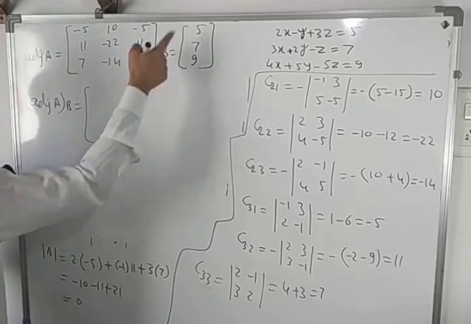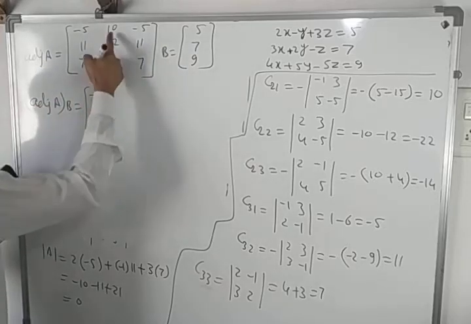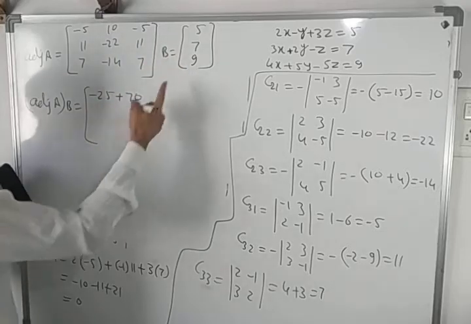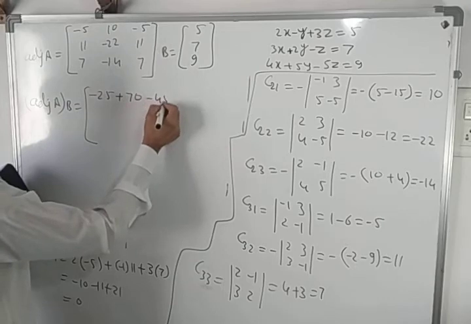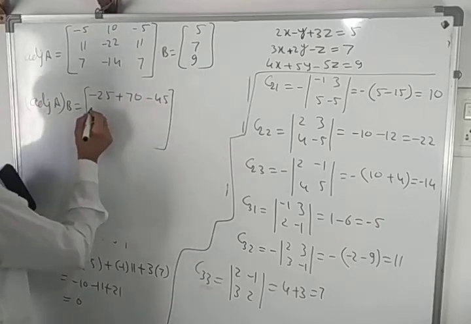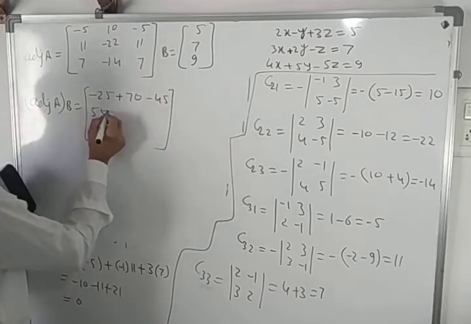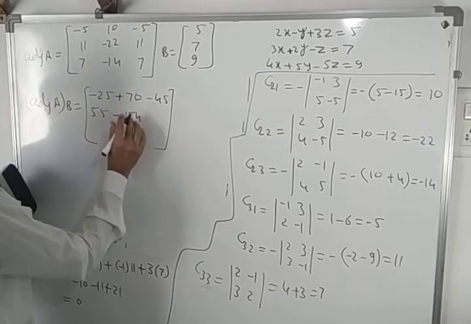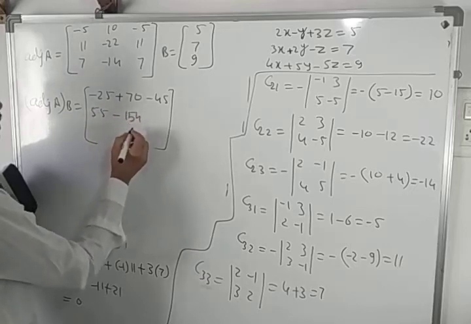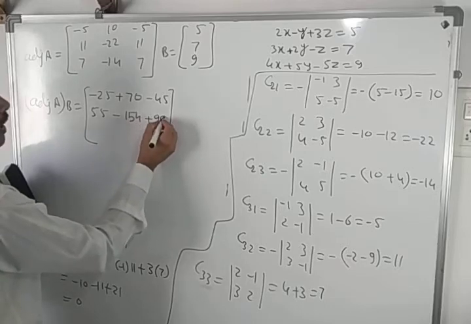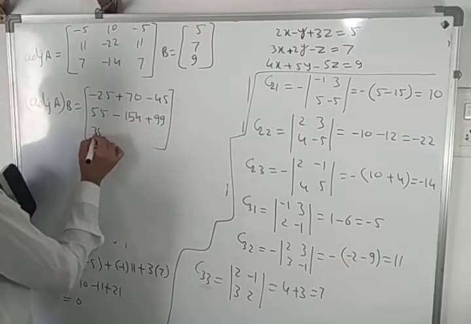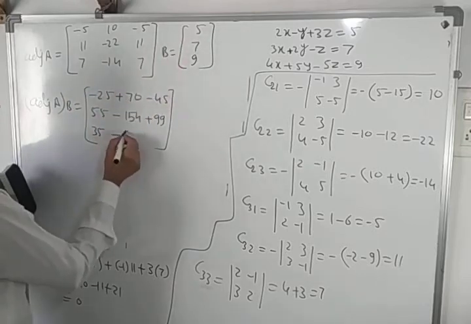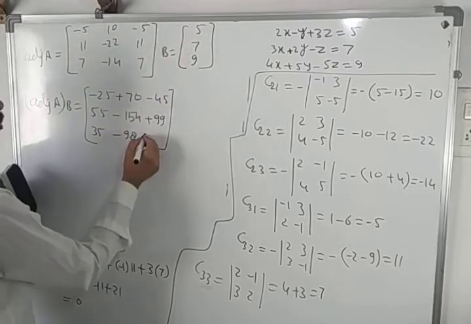is: first row, first column, minus 25 plus 70 minus 45. Second row, 55 minus 154 plus 99. Third row, 35 minus 98 plus 63.